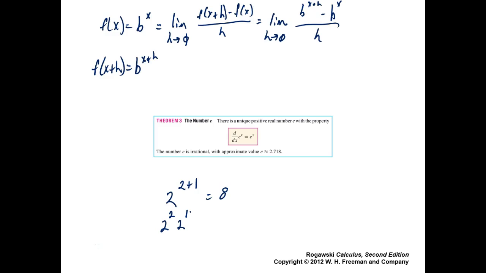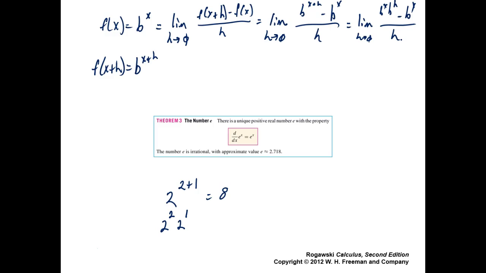What would b to the x plus h be then? You forgot we were doing this, didn't you? Okay. The limit as h approaches 0 of b to the x plus h would then be b to the x times b to the h minus b to the x, divided by h.